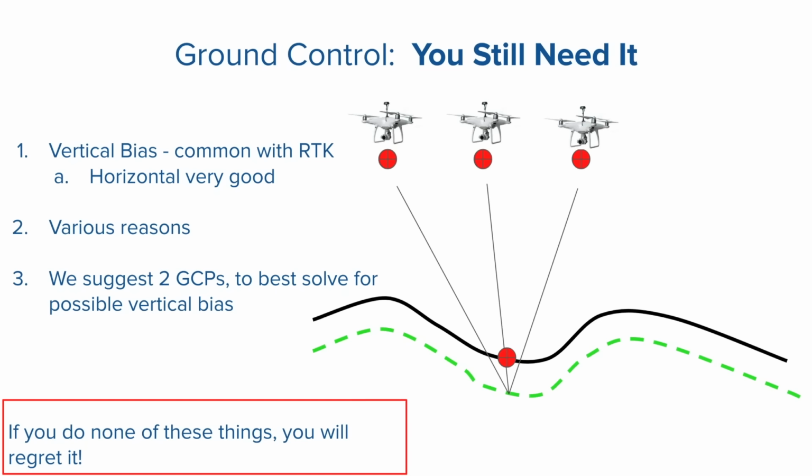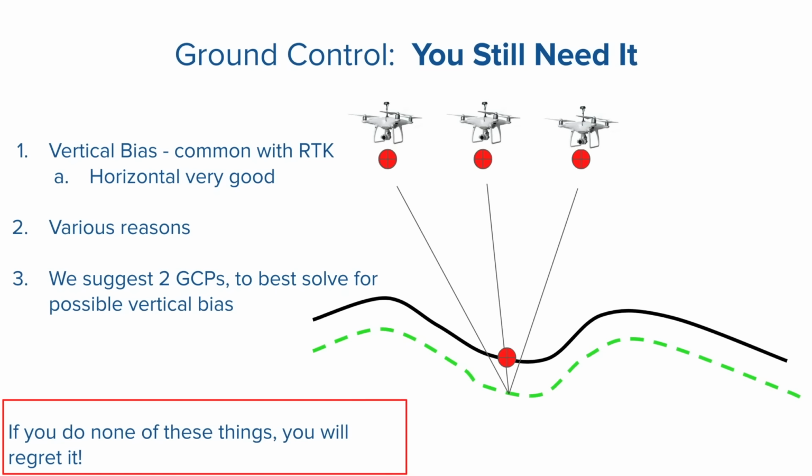This is why it's so valuable to have checkpoints and even ground control points, because at least with ground control points, you can remove that vertical bias. And you don't compromise anything. You just set one or two control points. We recommend 2 control points to best solve for the vertical bias, but that's all you need on the project.